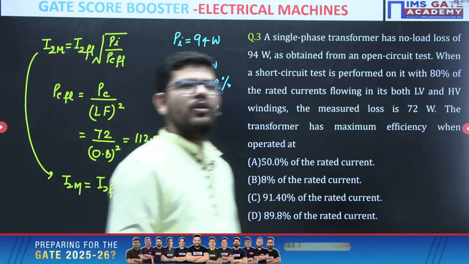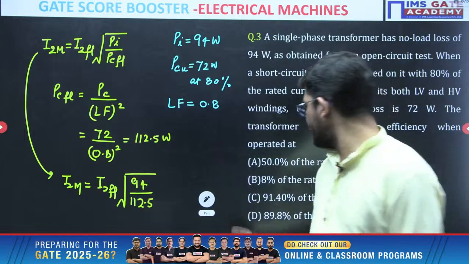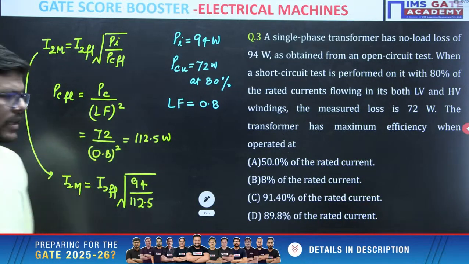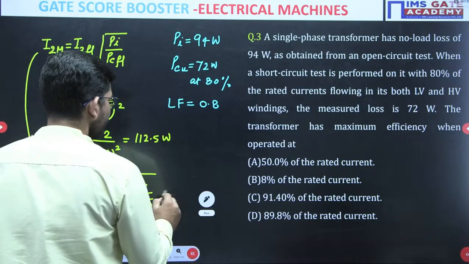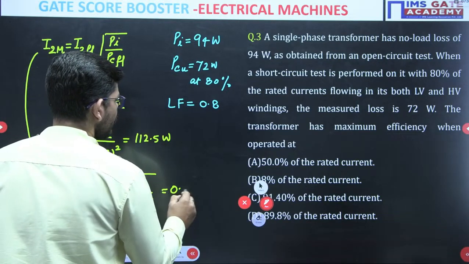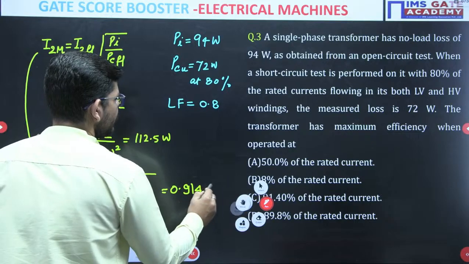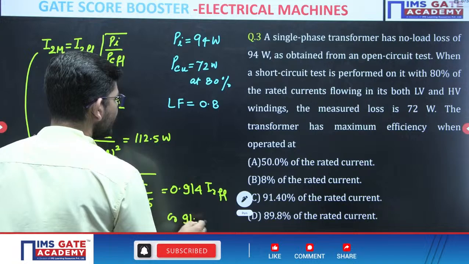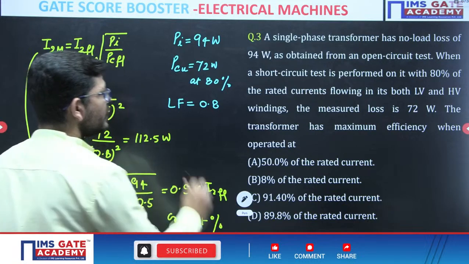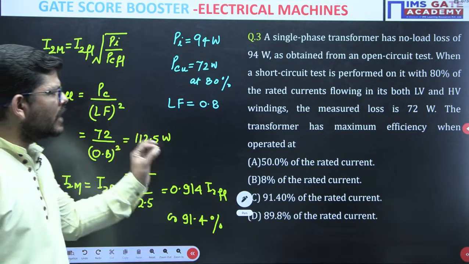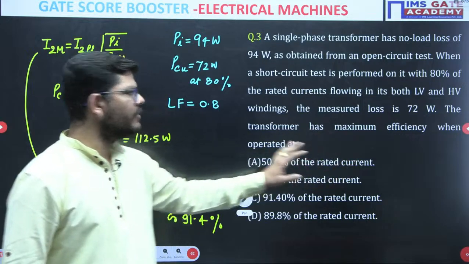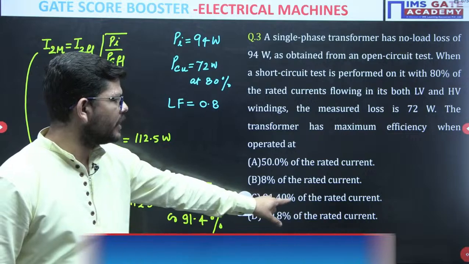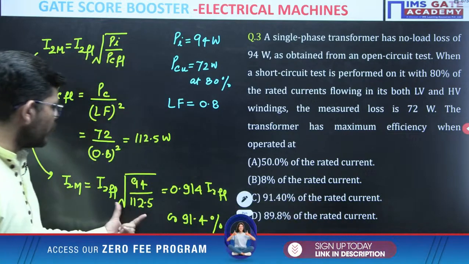When you solve this, I hope you are getting 0.914 times I2 FL, or we can write 91.4%. Got it? So the transformer has maximum efficiency when it is operated at 91.4% of the rated current, that is the full load current.